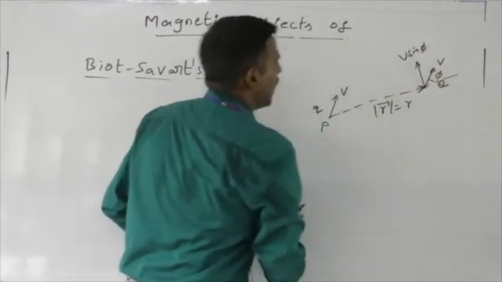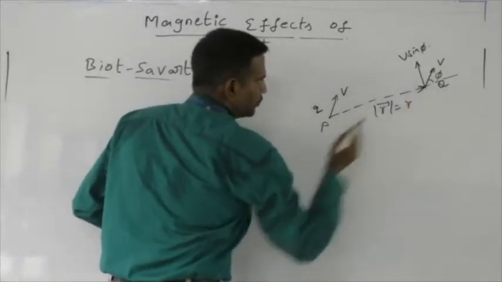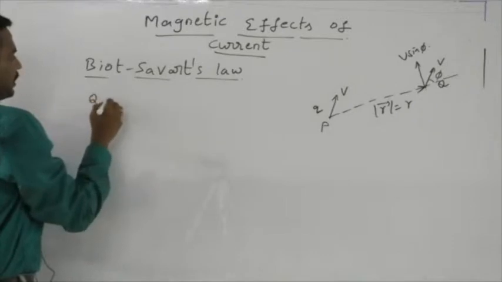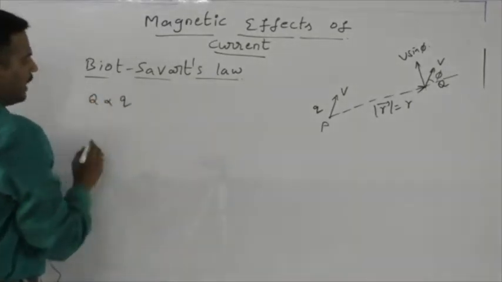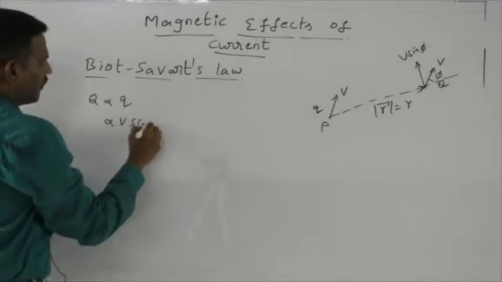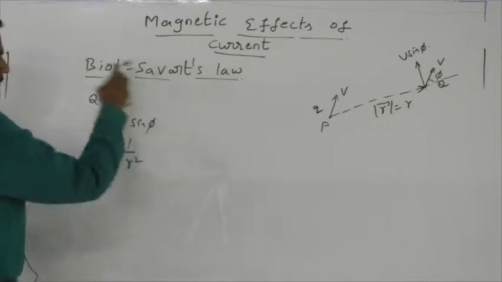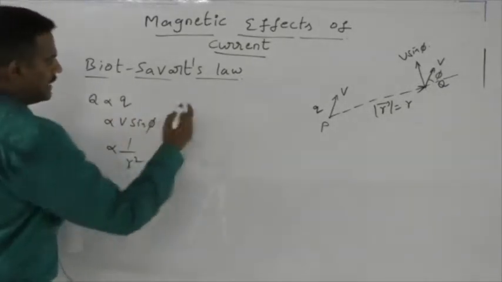And now, according to Biot-Savart law, the magnetic field intensity at this point Q is directly proportional to the charge Q and directly proportional to V sin phi and inversely proportional to R square. So by combining all this, we will write like this.